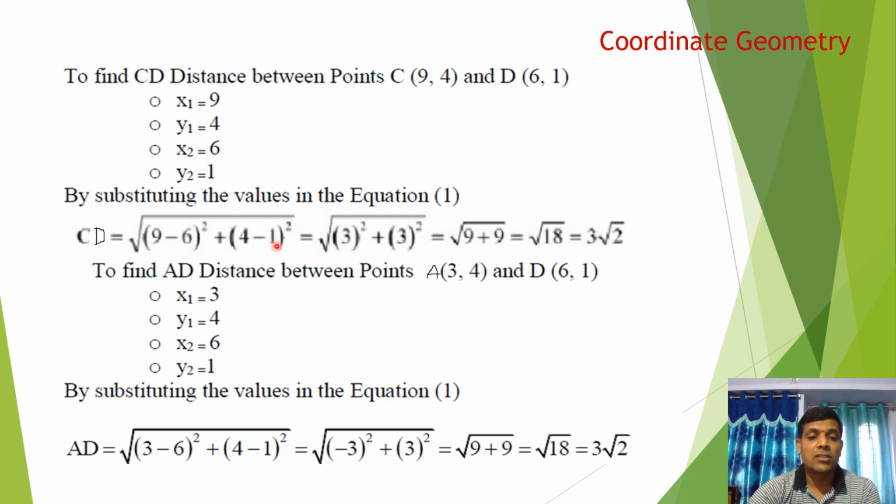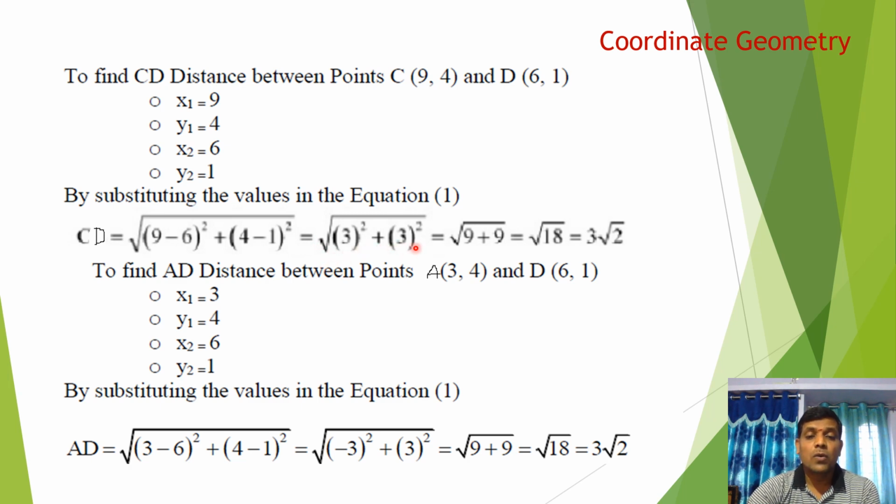1) whole squared. This is written as the square root of (9 minus 6), which is 3, squared, plus 4 minus 1, which is 3, squared. Square root of 3 squared plus 3 squared.